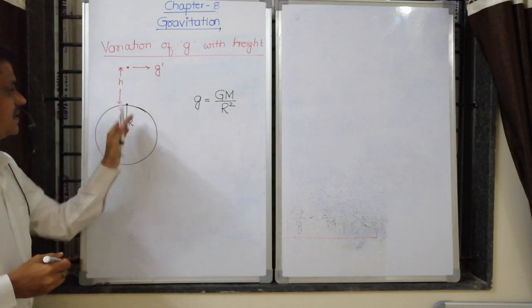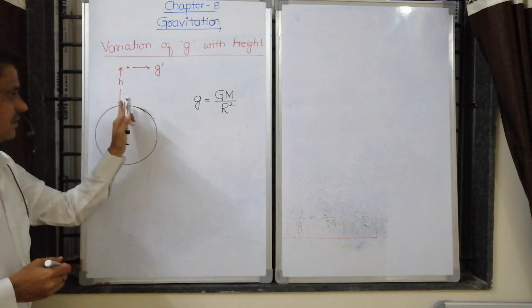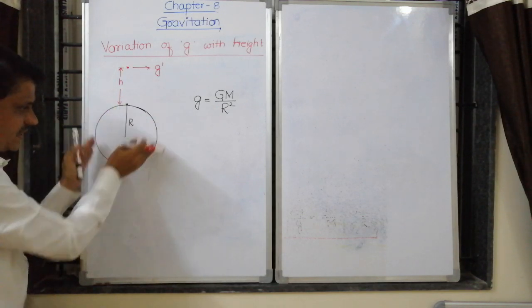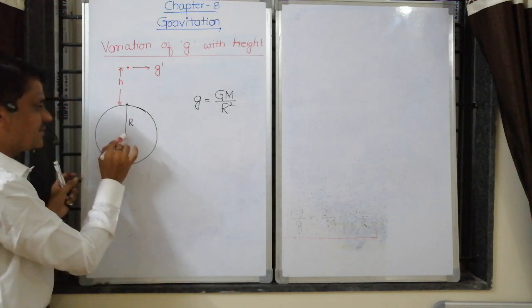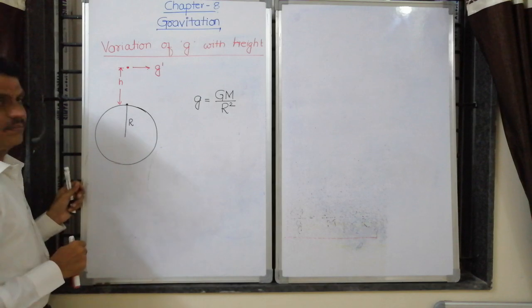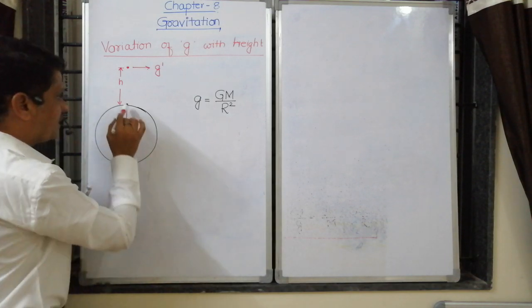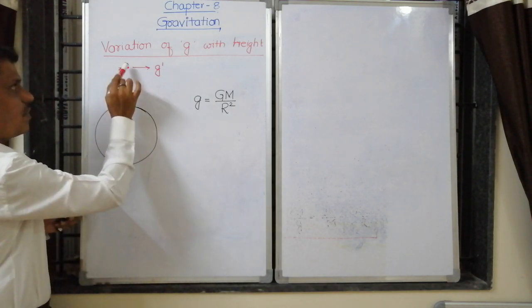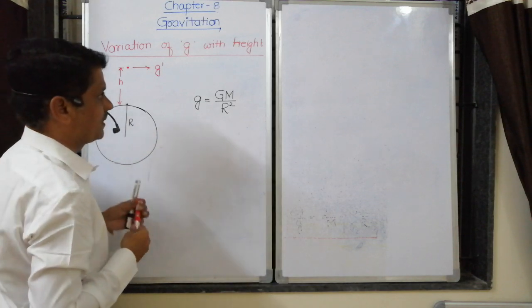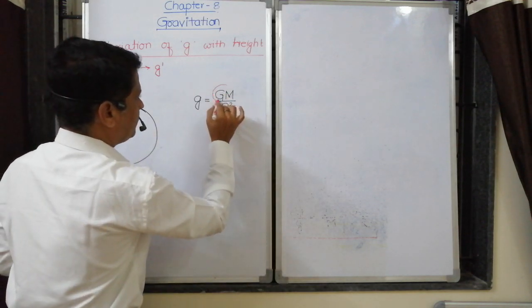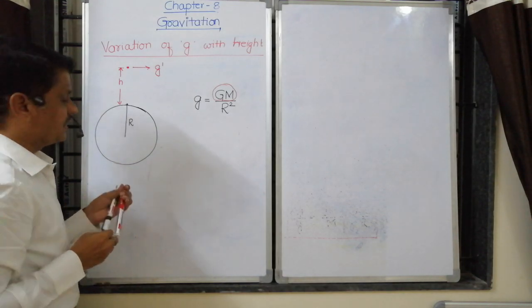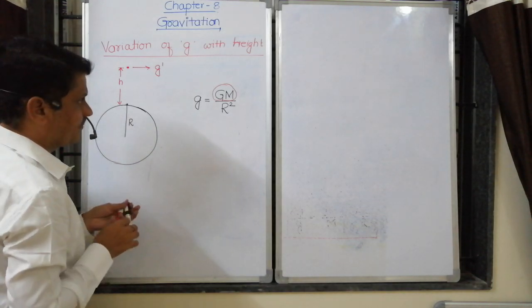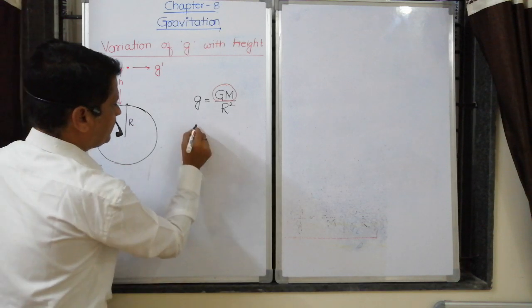Since our point is outside the earth, hence complete mass is assumed to be concentrated here. Therefore, whether you take on the surface of the earth or at height h, capital G and capital M are same, right?